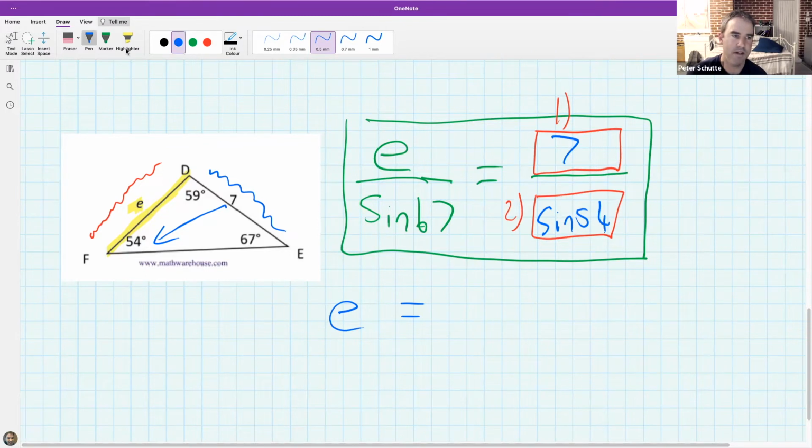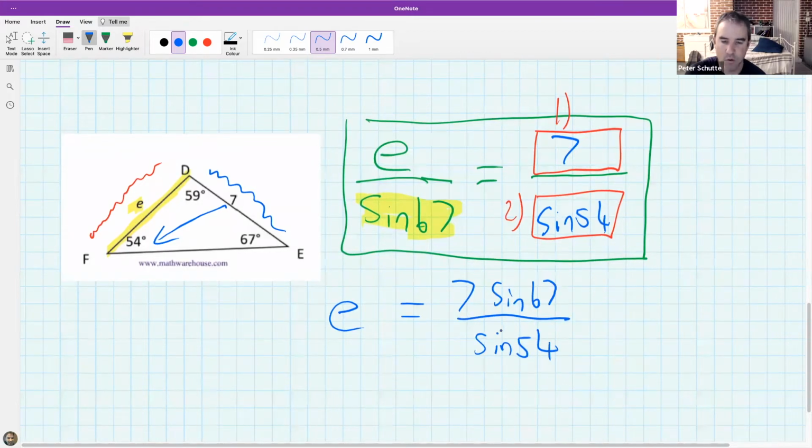We need to remember here that it's the sine of 67 that I need to deal with. So if I multiply both sides by the sine of 67, I get 7 sine 67 over sine 54.